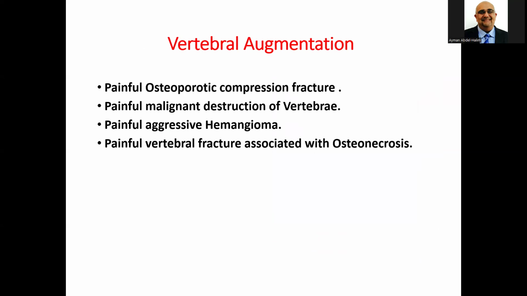All right, we'll jump into the vertebral body, where we have one procedure called vertebral augmentation. In this procedure, we inject cement in the compression fracture, and it's indicated in a variety of pathologic conditions such as osteoporosis, malignant destruction of the vertebrae, aggressive hemangioma, or painful vertebral fracture associated with osteonecrosis.